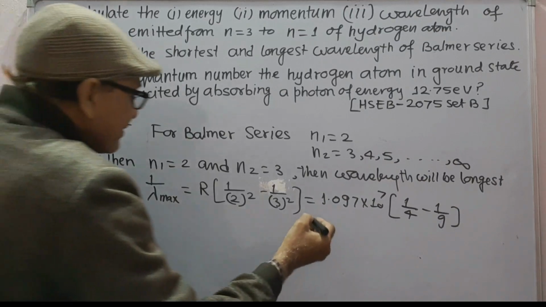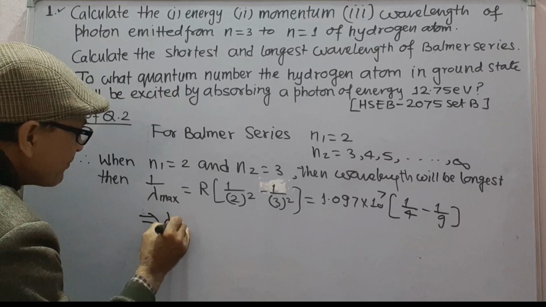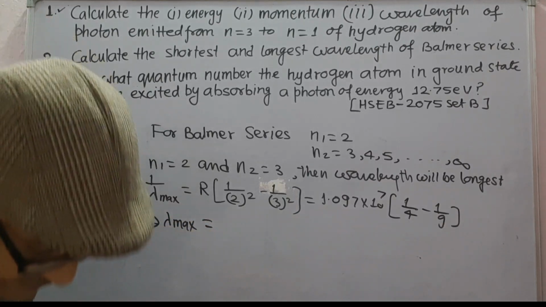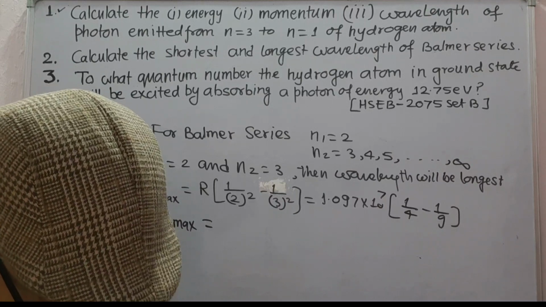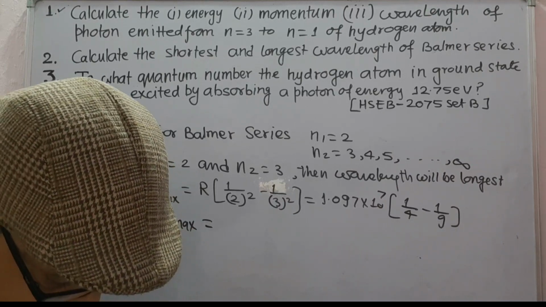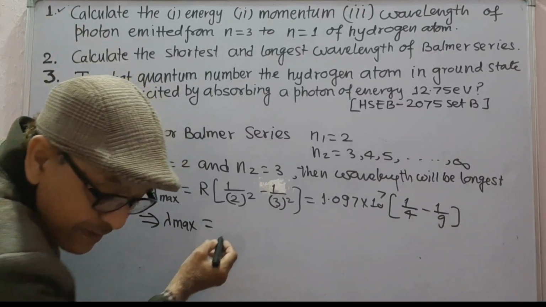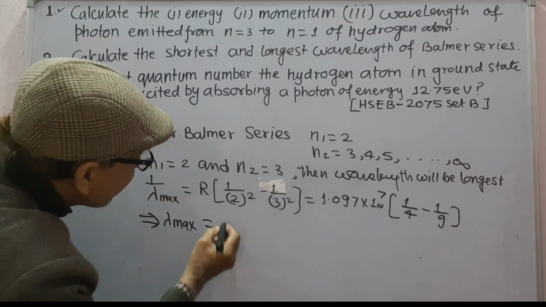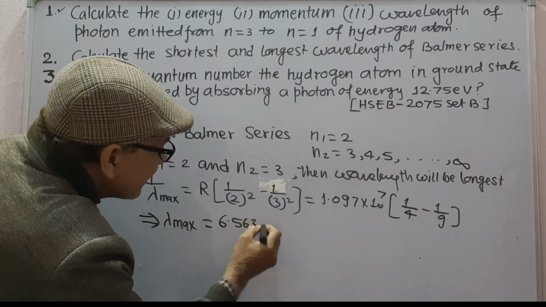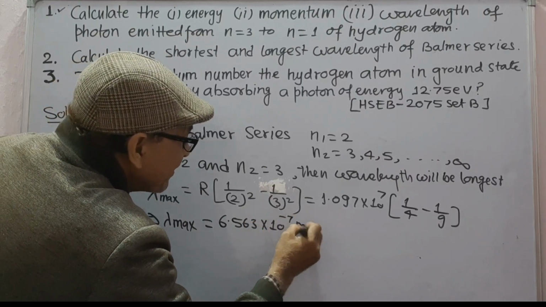On simplification, it gives lambda maximum as 6.563 into 10 to minus 7 meter.